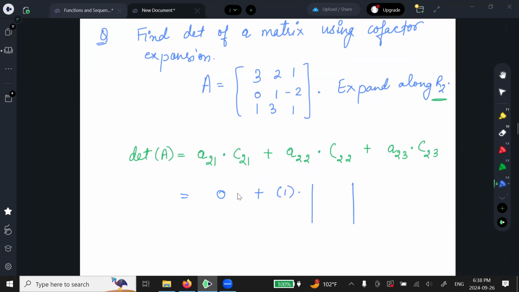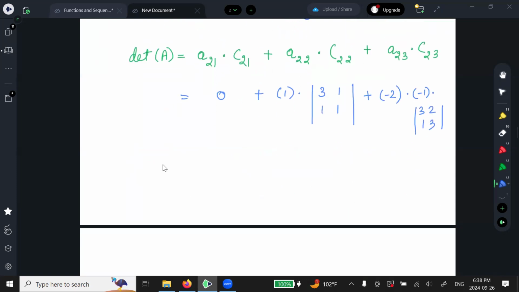Minor will be, I have a video on finding determinants if you want to watch. A23 is negative 2, but 2 plus 3 is odd, so I have to multiply by a negative 1 and then copy the minor. Minor will be, good, and that's it.